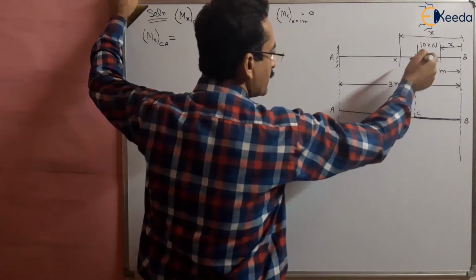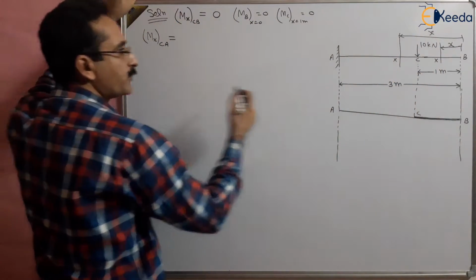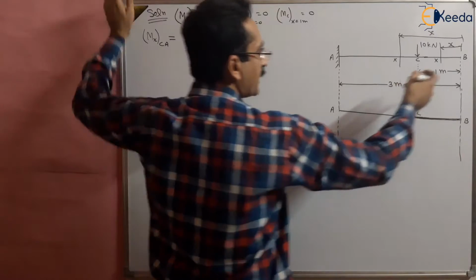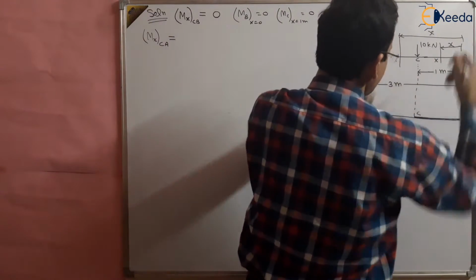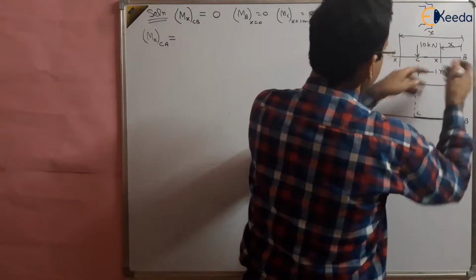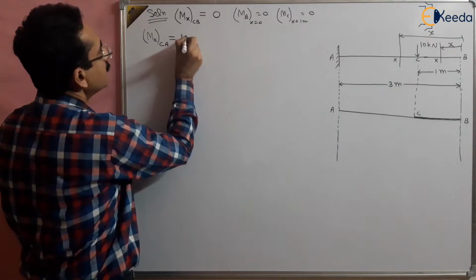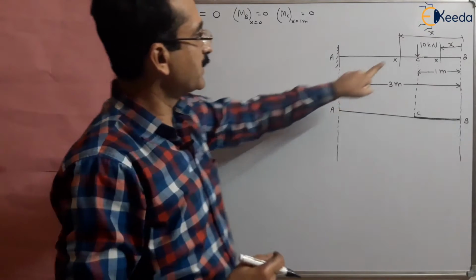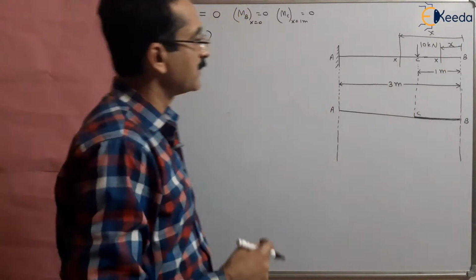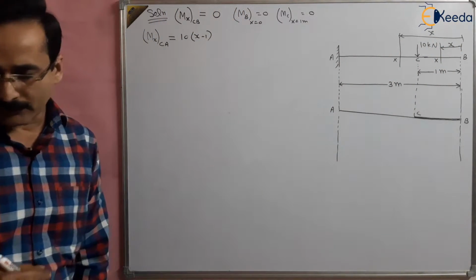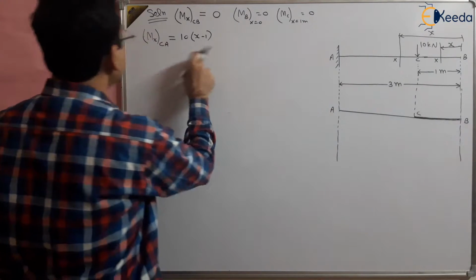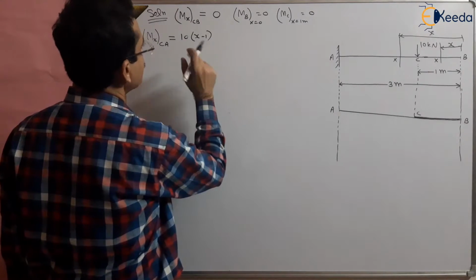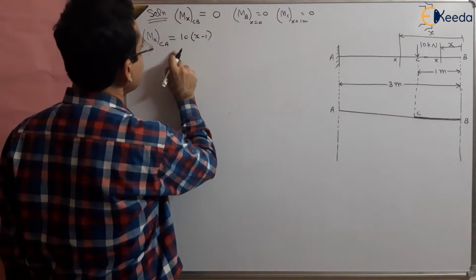Load is 10 kilonewton and it is negative. The moment of the 10 kilonewton is, we have taken x from the extreme free edge, so this is x minus 1. So 10 multiplied by x minus 1. So it will be minus 10(x minus 1). It is valid between C to A.